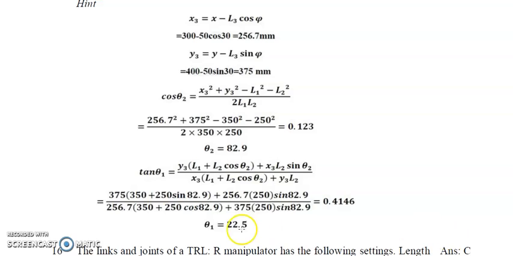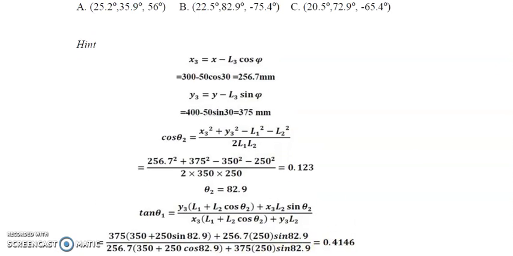So here we apply the values: 375 into (350 plus 250 cos 82.9) plus 256.7 into 250 into sin 82.9, divided by 256.7 into (350 plus 250 cos 82.9) plus 375 into 250 sin 82.9. That is equal to 0.4146, what we are getting. From that, the theta 1 value is 22.5.